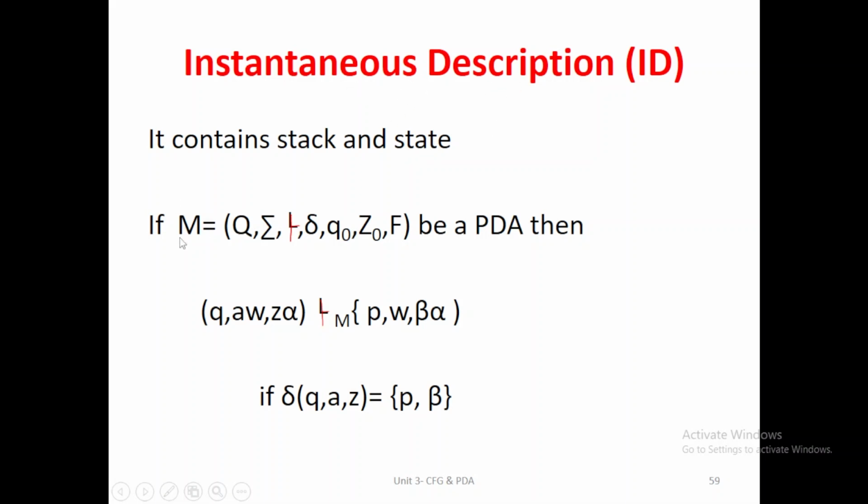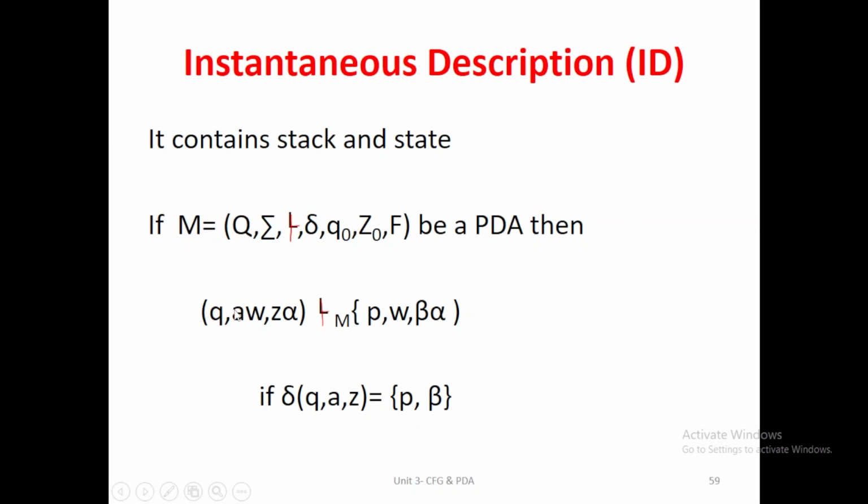So here, let M be a PDA which contains a 7-tuple representation: Q is the set of states, sigma is the alphabet, tau is the stack alphabet, delta is the transition function, Q0 is the initial state, Z0 is the initial stack symbol, and F denotes the final states.